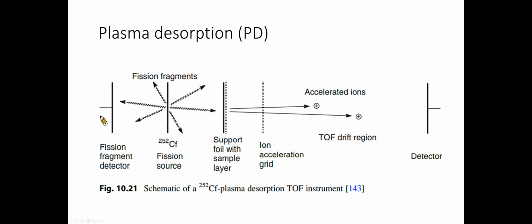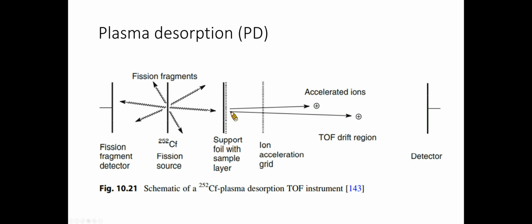The fission fragments of similar mass are traveling in opposite directions. Thus, only one of each pair can be employed to affect desorption of ions from the same film of analytes on the supportive foil.